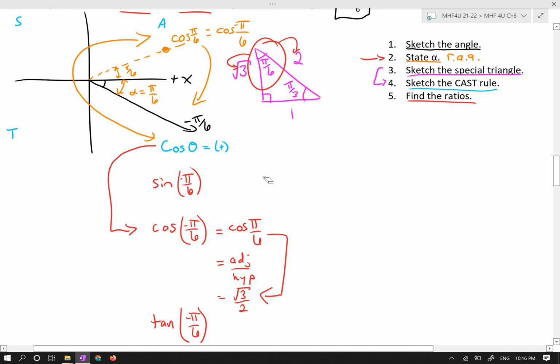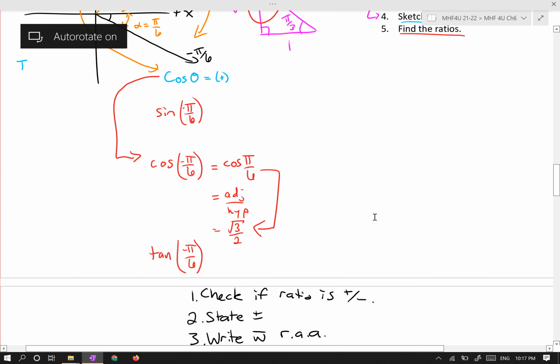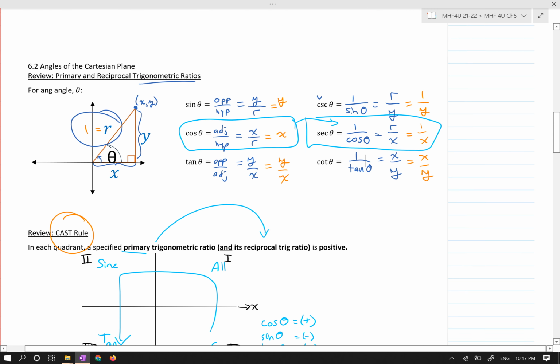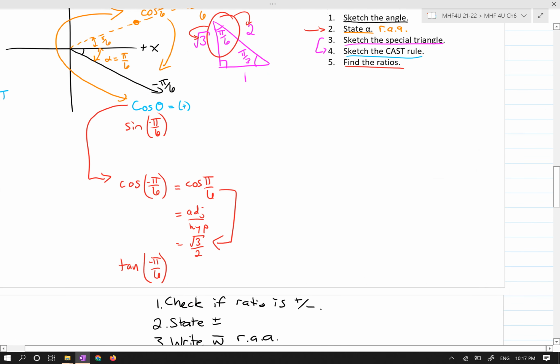Okay, so that's all well and great. Now I need to work with my sine and tangent ratios. If I'm working with the sine of negative pi over 6, I know I'm in quadrant 4, then my sine ratio will be negative because cosine is the only positive ratio here. I apologize. Here we are. We're in the right spot.